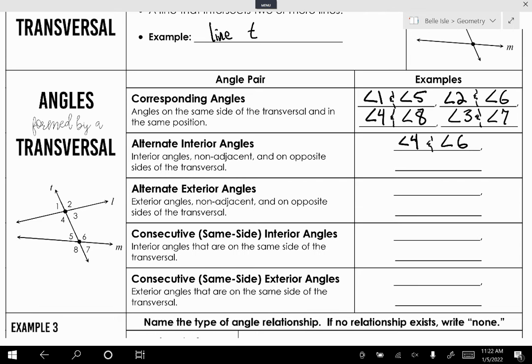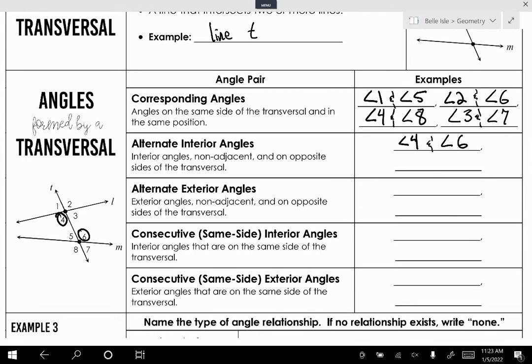Okay, an alternate interior angle. For angle 4, alternate, we're going to say is on the opposite side, and they are on the interior. So that would be angle 6. So what's another one?